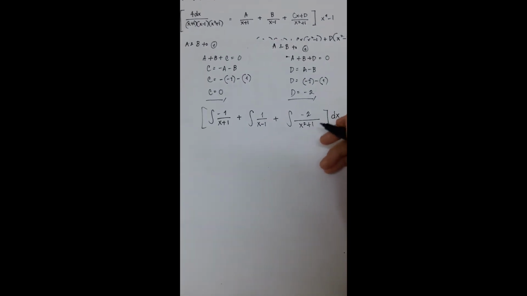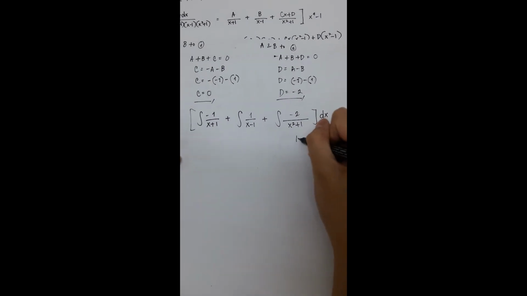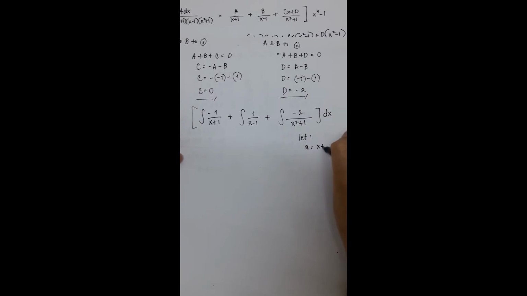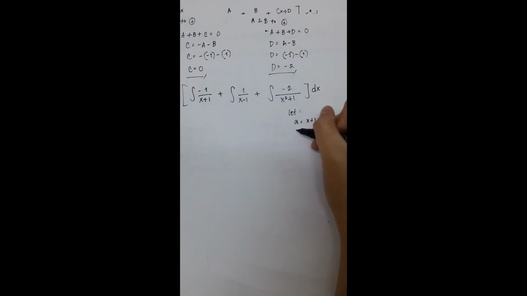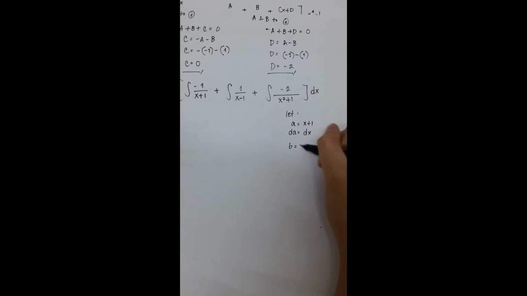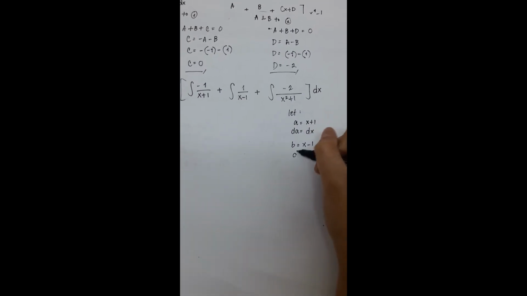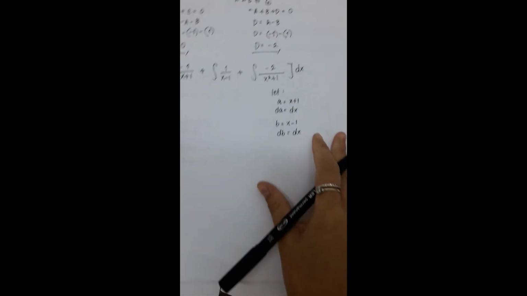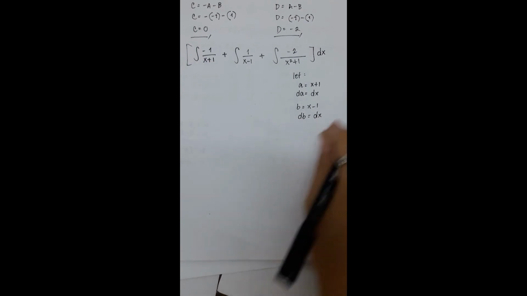Now we let a be equal to x plus 1, so the derivative of a will be equal to dx, and then we will let b be equal to x minus 1, so the derivative of b will be equal to dx too.